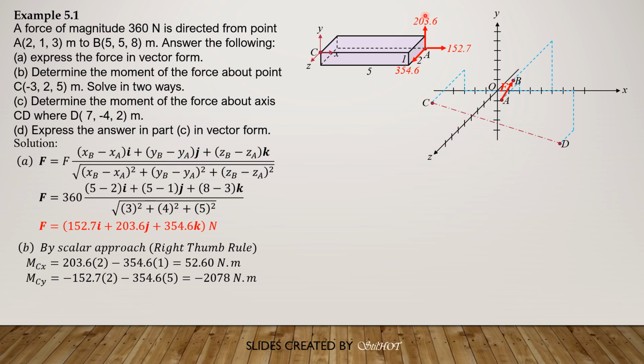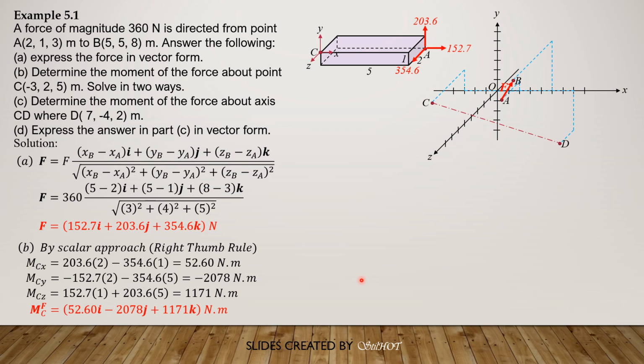Both are positive: 152.7 times 1 plus 203.6 times 5. So it is 1171 Newton meter.